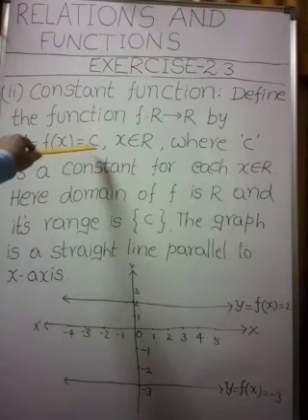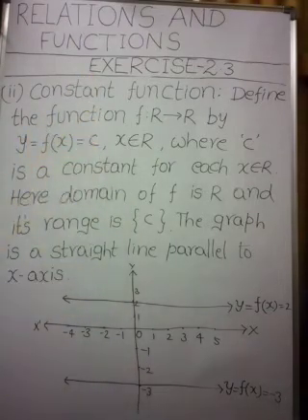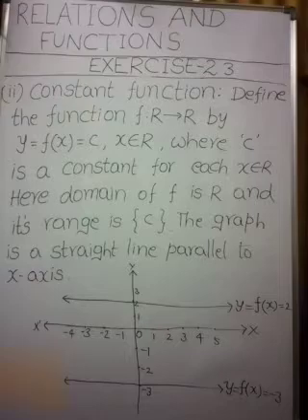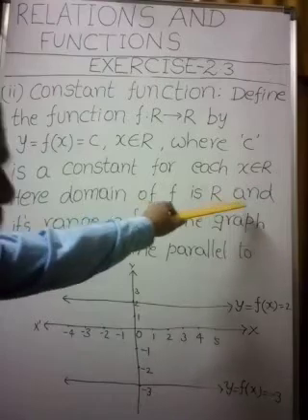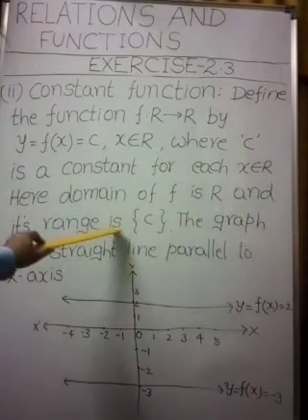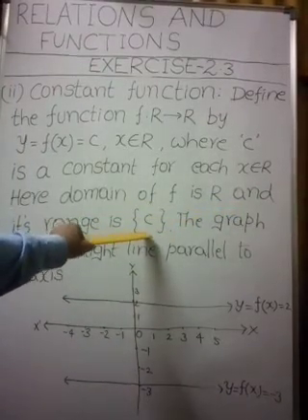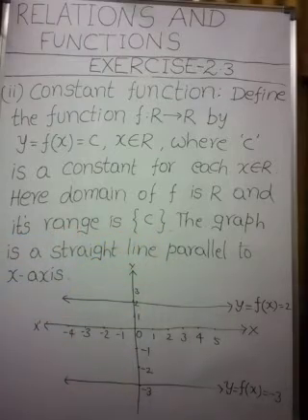It may be any constant. C value is any real number. Here the domain of f is the set of real numbers and its range is the singleton set {c}. Only one element is there in the range of the function f.